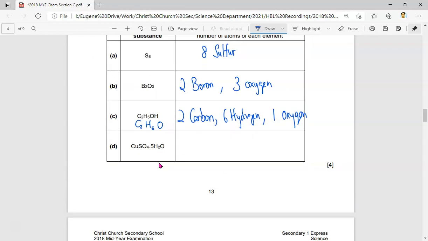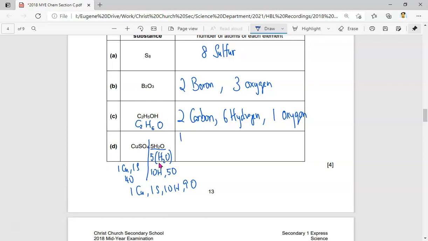Oh, last one, this one is a little bit more complex over here. So what does this 5H2O mean? It means I got 5 times of H2O, which means that I will have total 10 H and 5 O, just purely based on this. And on this side, I got 1 Cu, I got 1 S, and I got 4 O. So if I combine this whole thing together, I actually have 1 Cu, 1 S, 10 H, and 9 O. So what is Cu?